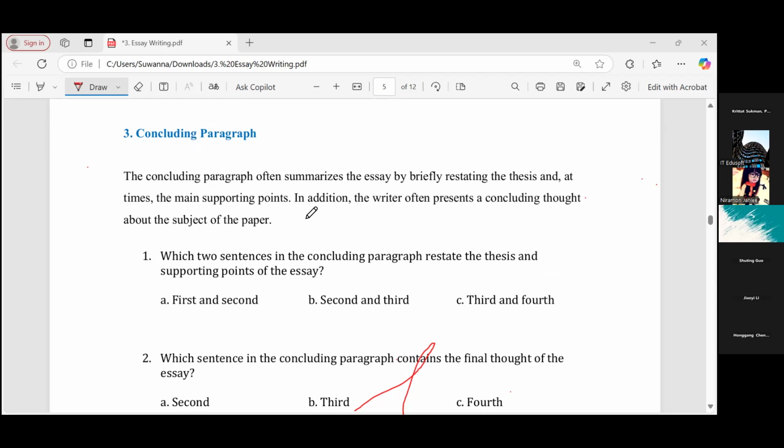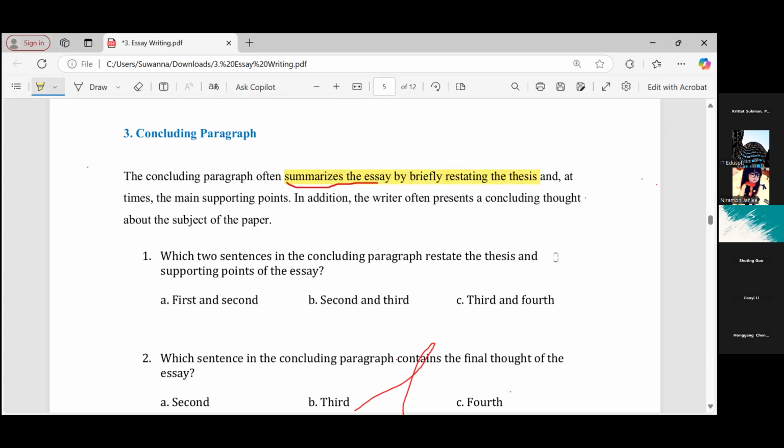Okay, let's take a look here. The concluding paragraph often summarizes the essay by briefly restating the thesis. Let me highlight this one. Your concluding paragraph should summarize the essay by briefly restating the thesis.